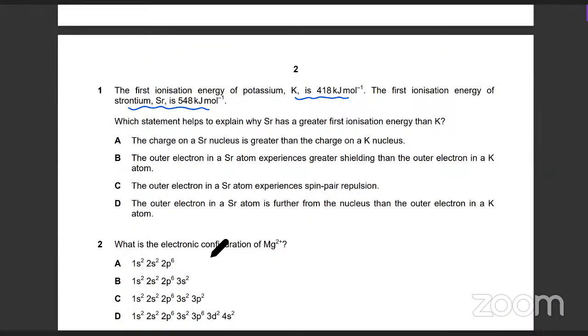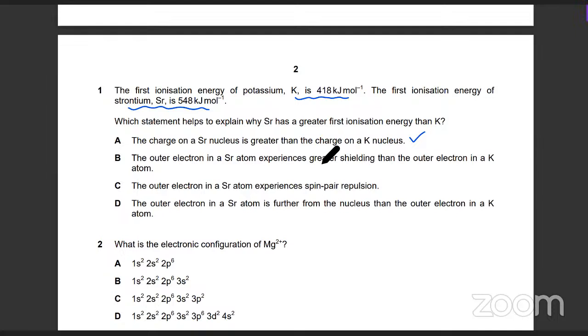But the problem is he's saying that Sr has a greater first ionization energy than K. So all our assumptions and factors seem to be wrong in this case. What could be the best explanation for this? The charge on the Sr nucleus is greater than the charge on a K nucleus. Okay, so we're going to look for factors that would help to explain why Sr has a greater ionization energy.